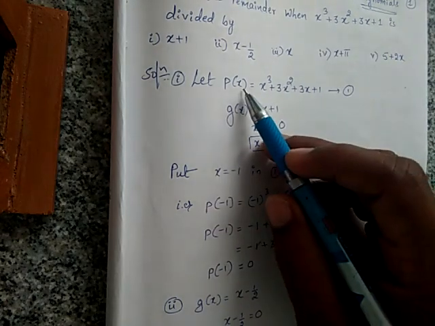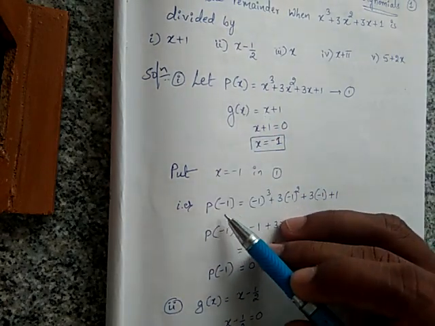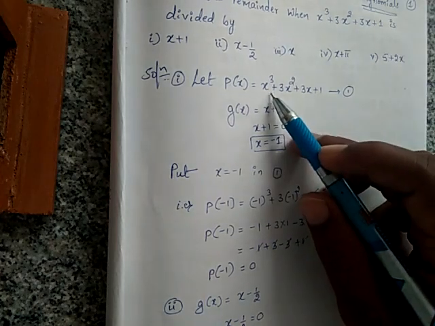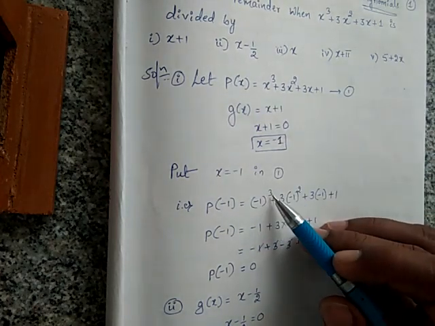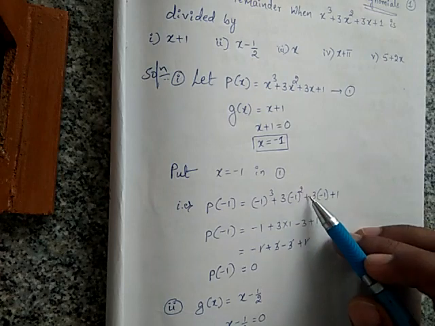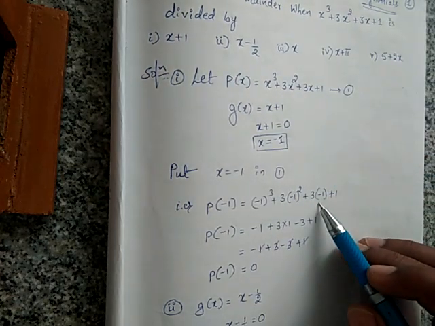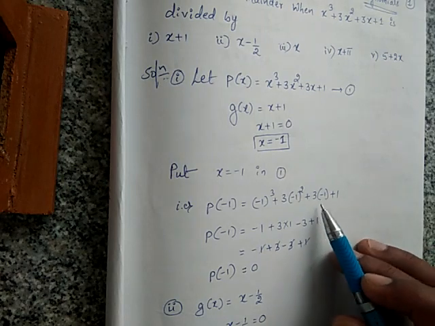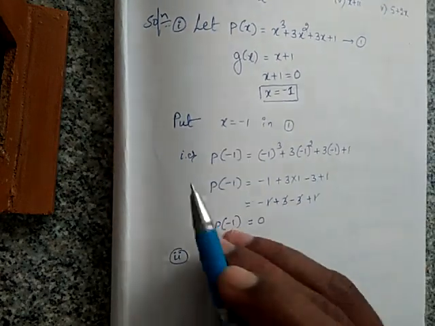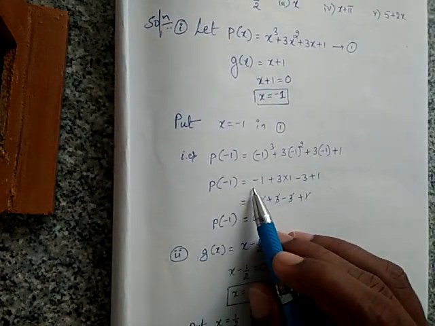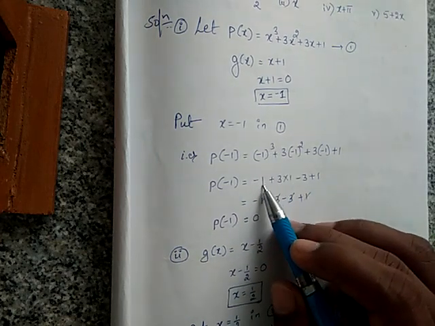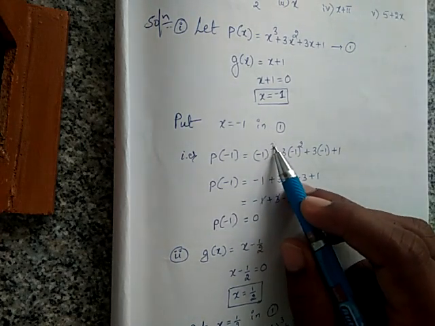So x is equal to minus 1. P of minus 1 is equal to x cube, means instead of x, minus 1 cube, plus 3 into minus 1 square, plus 3 into minus 1, plus 1. You have to substitute the value x is equal to minus 1. Now if you simplify, you will get p of minus 1 equal to minus 1 cube, which is minus 1 because it is an odd power.